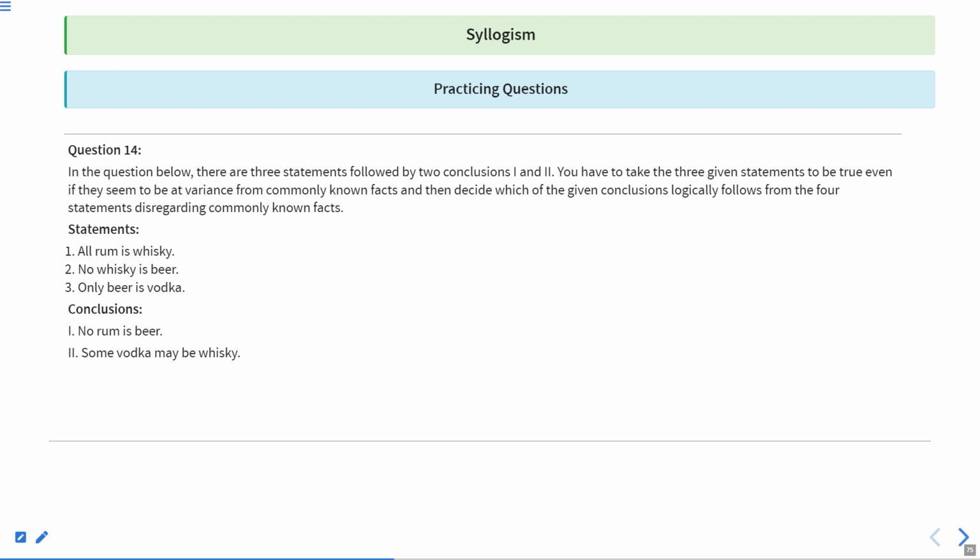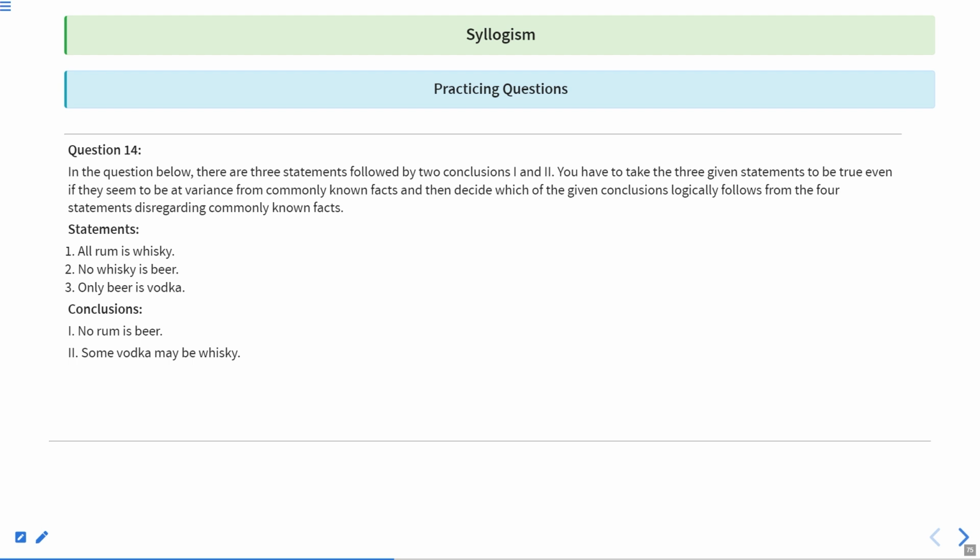Okay, so without wasting any further time, let's try to solve this particular question, and we will be sticking to the same manner that we have just described. After reading the question, I will be giving you 15 seconds, and within 15 seconds, I would request you to draw the Venn diagram.